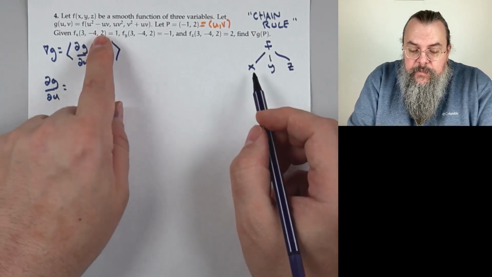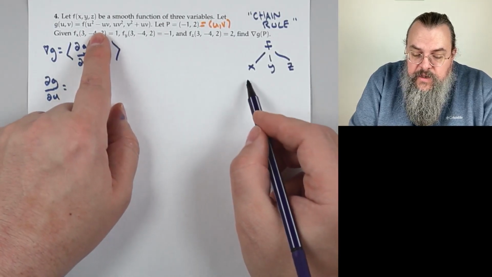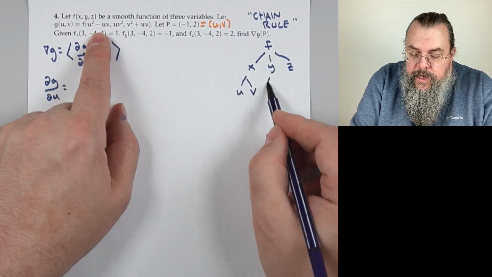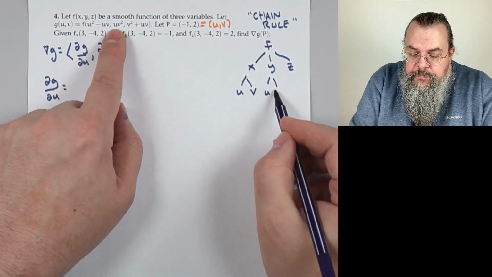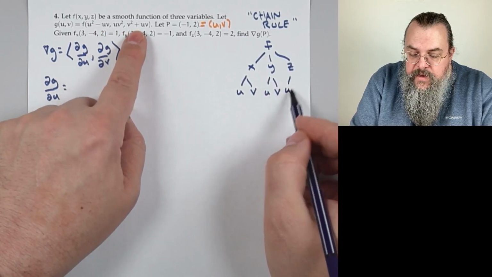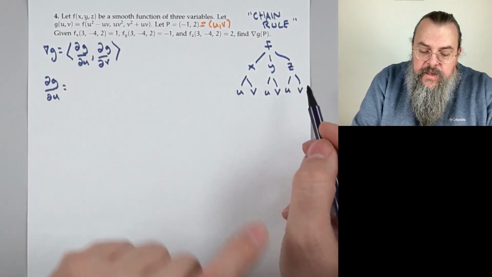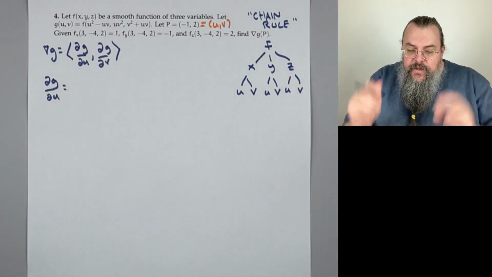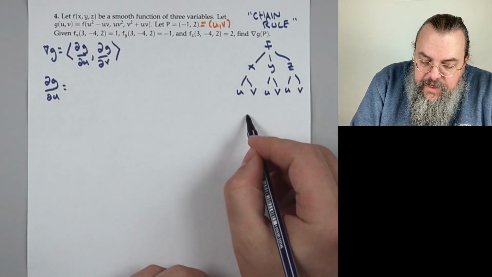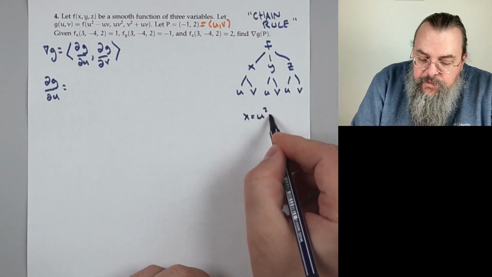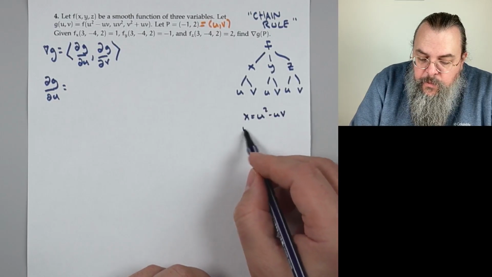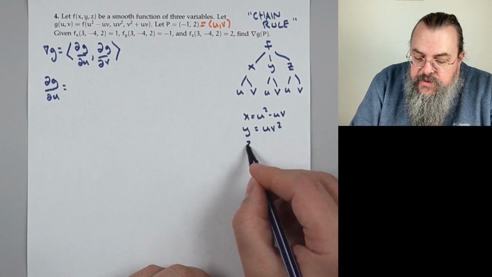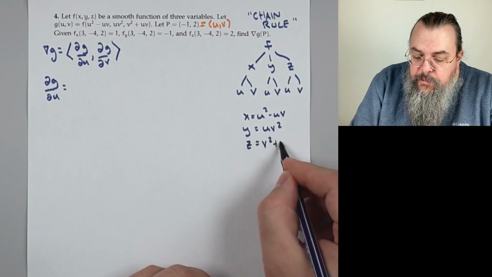And then x depends on u and v, y depends on u and v, and z depends on u and v. And they actually give it to us in this format here. So it's not, like, wait, what is x? Well, x is our u squared minus uv, y is our uv squared, and our z is v squared plus uv.